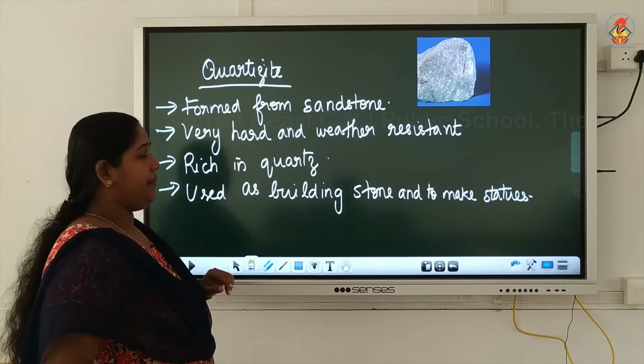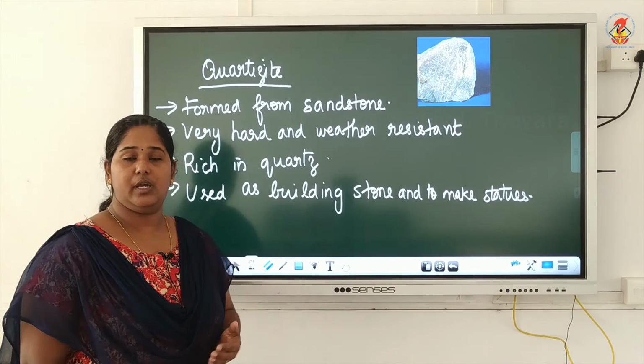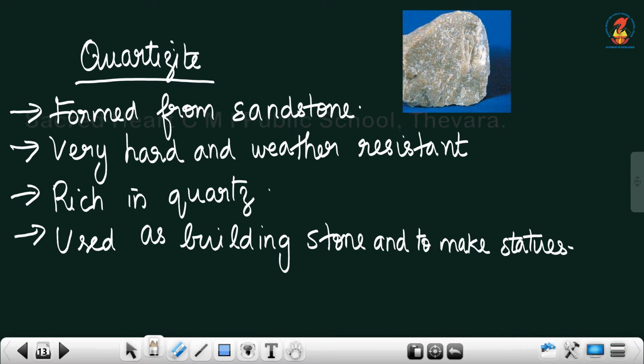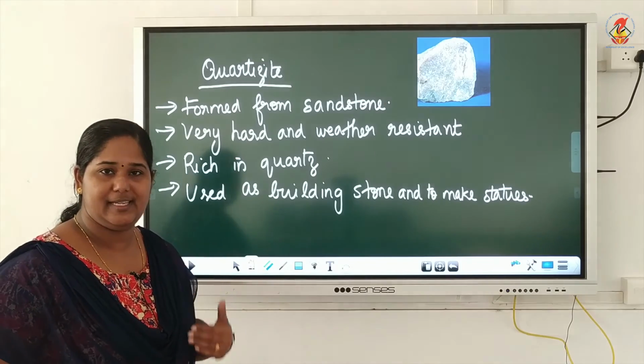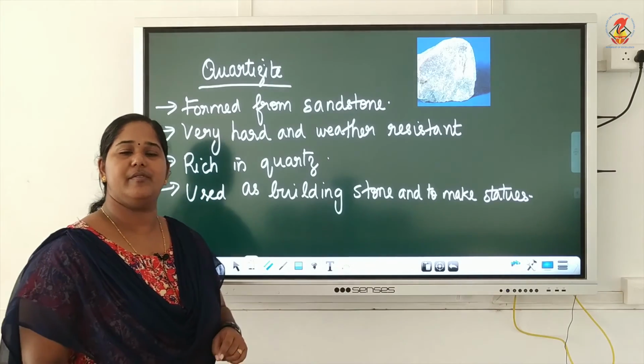The last type of metamorphic rock is quartzite. Quartzite, from the name itself, it is clear that it contains mineral quartz. Quartzite is formed from sandstone. Sandstone is a sedimentary rock formed from sand particles, the first type of sedimentary rock that we study.